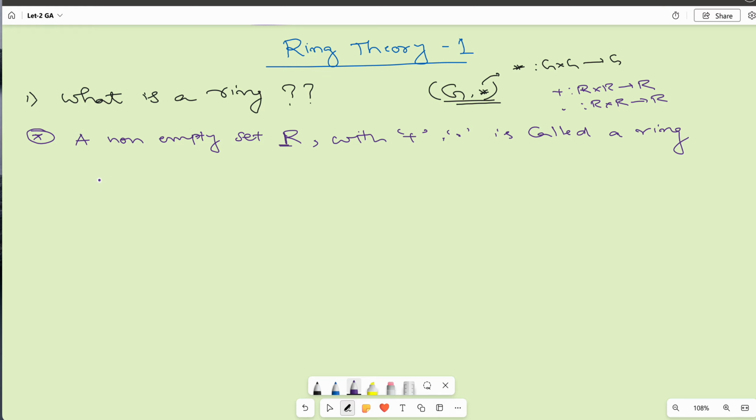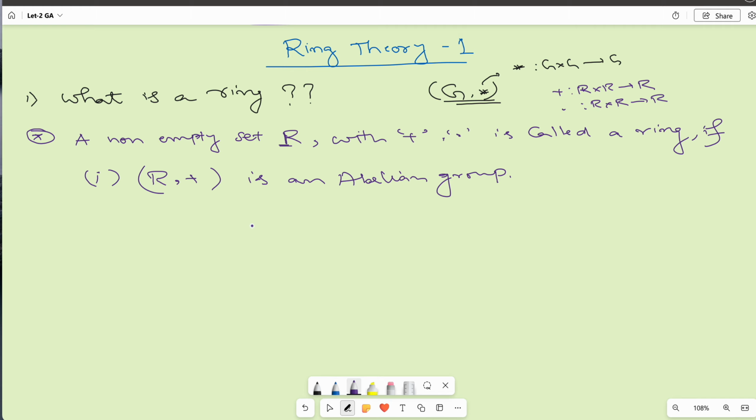The first property: R with respect to the first operation plus is an abelian group. You know the definition of an abelian group; it is as simple as that.